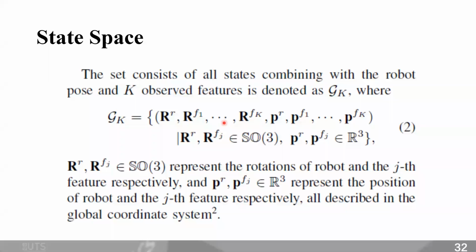The state vector is shown here, containing the rotations of robots and features, and the positions of robots and features. The rotations belong to SO3, and the position vectors belong to R3.